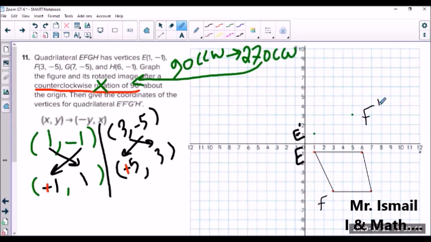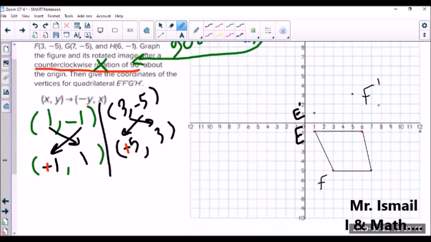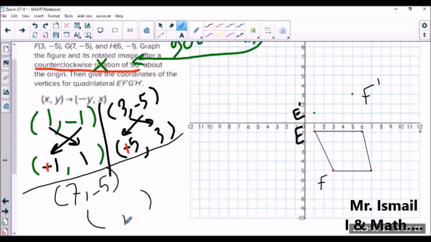Next point, (7, -5). x will be y and y will be x. It will be (-5, 7). And don't forget, you have to multiply y by -1 to be plus 5. So (5, 7), and the point will be here.